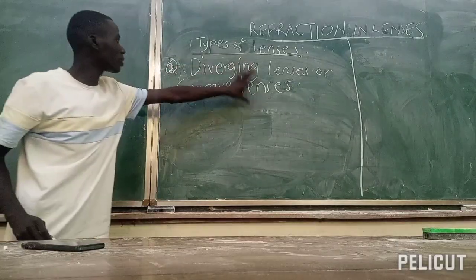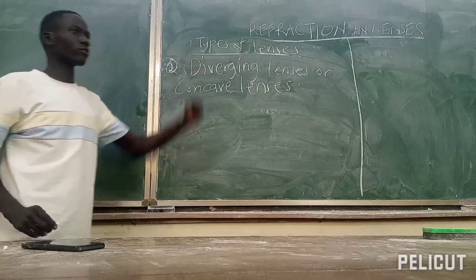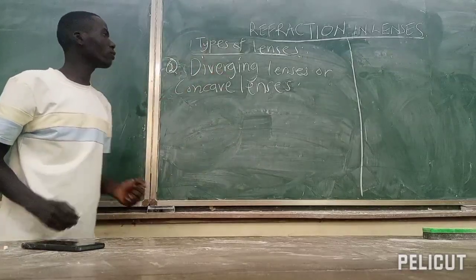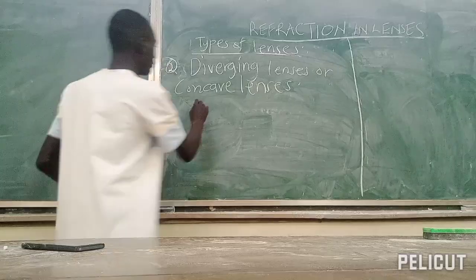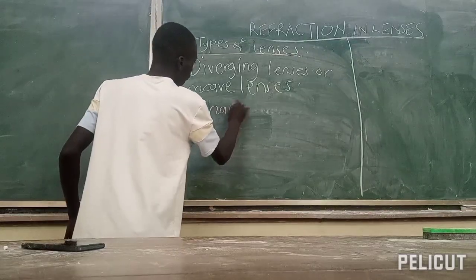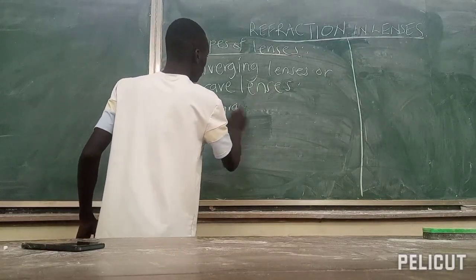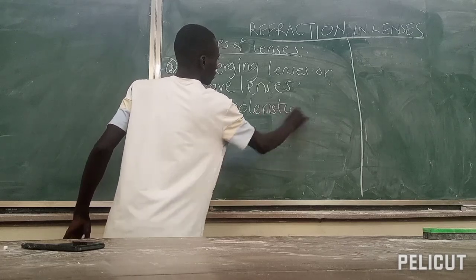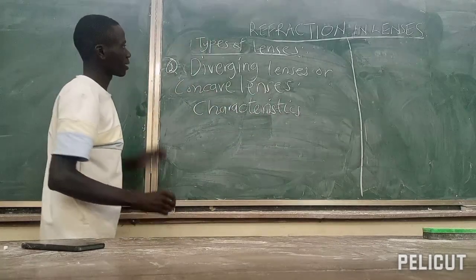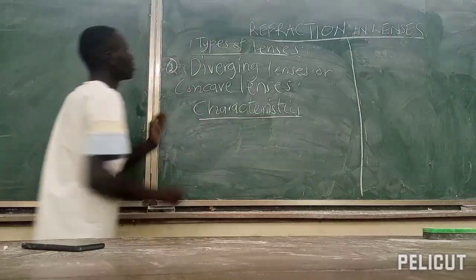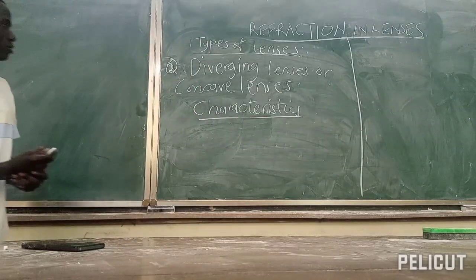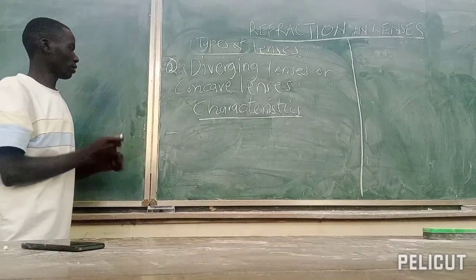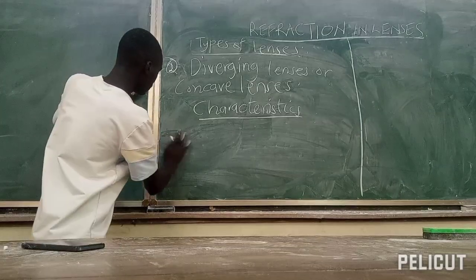So we now look at what happens when a light ray falls on this. What does it do? For this one, it goes opposite to the first one we looked at. So we are going to look at the characteristics of this type of lens.